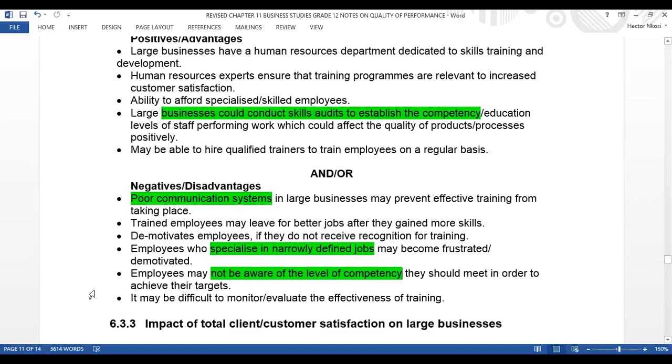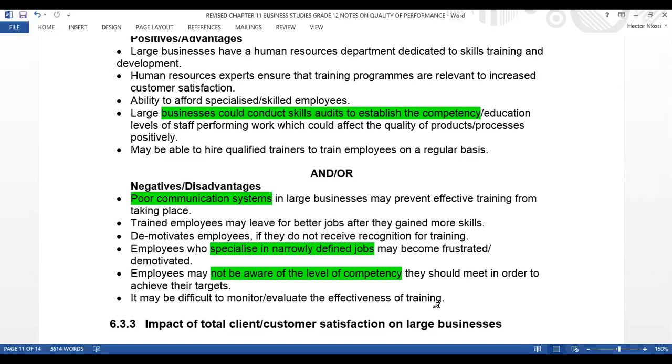Also, boys and girls, it may be difficult to monitor or evaluate the effectiveness of training. I'm telling you right now, the majority of the employees are already parents. Some of them are mothers of the house, some of them are fathers of the family, and they have so many things going on that sometimes they even skip trainings.